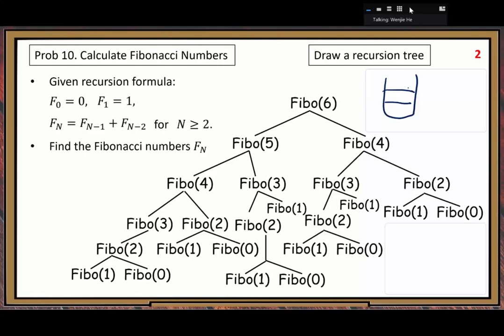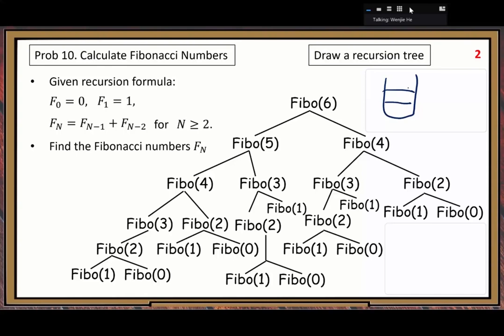So F of 1, F of 0: 1, 0. When we reach the base case, our recursion can stop, and we can calculate.